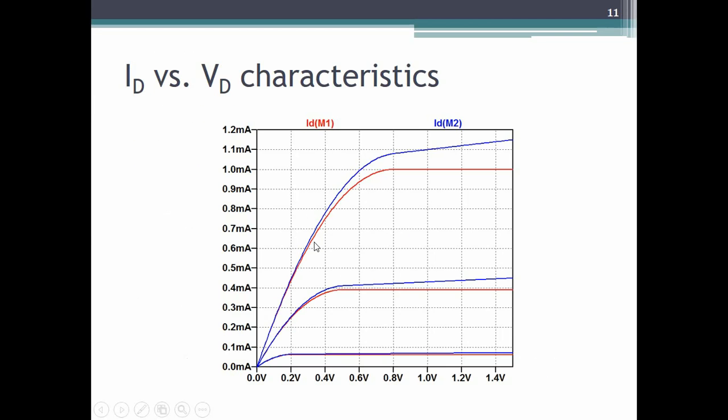Alright, so here for example, if I am asked to find the lambda at Vd equal to 1 volt for this specific plot, then I will find the slope of this line at this point. That is just dID by dVd, and I'll also find the value of the drain current at that same point, which is 1.1 milliamps, and that slope divided by the drain current will give the value of lambda at that point.